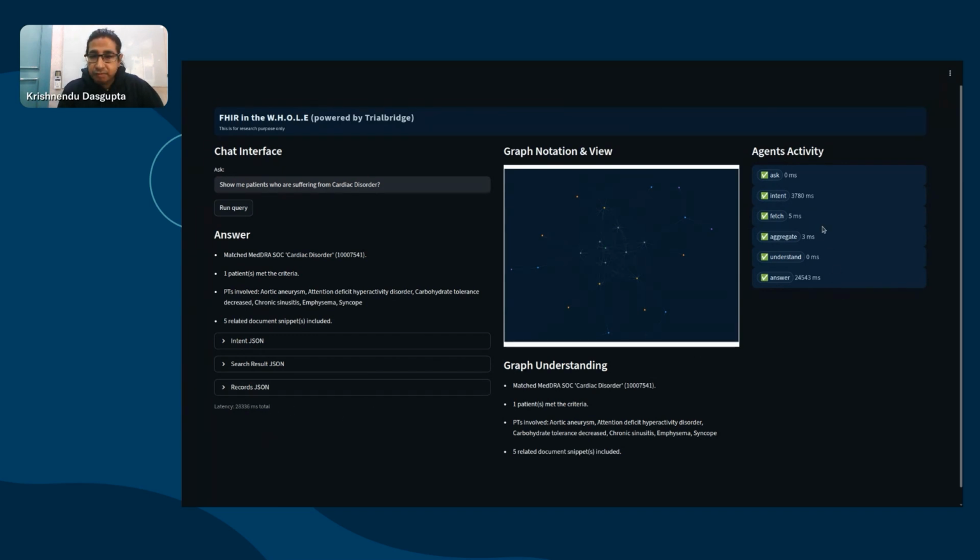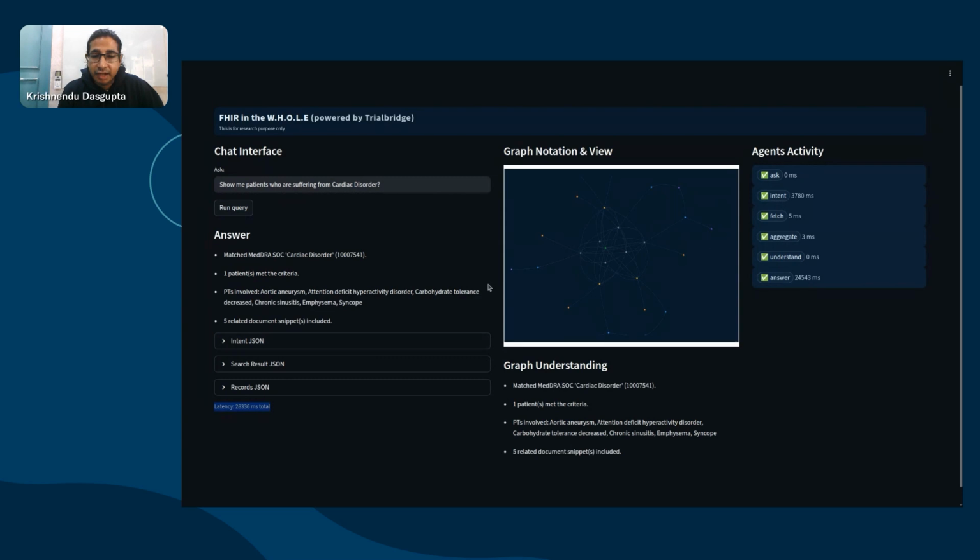For each of these, the agents will check how much time it takes. The entire latency is around 28,000 milliseconds, because it was taking a lot of time to generate the graph. The intent takes about 3,000 milliseconds, and then the answer takes about it.